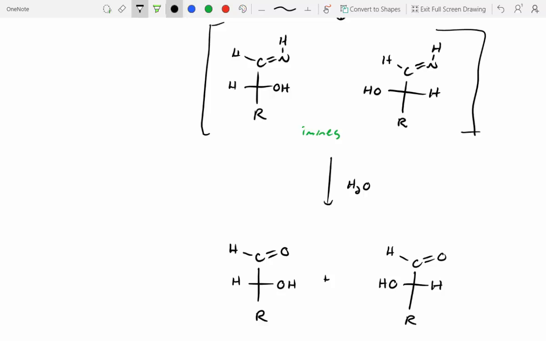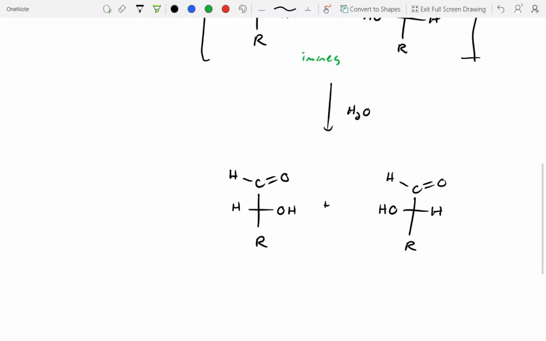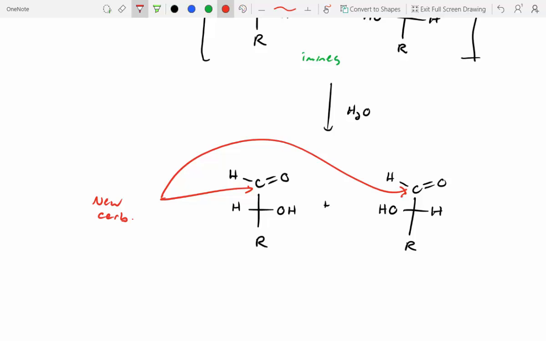And if you notice, in each of these cases, we've added in a new carbon. Which makes this a chain lengthening reaction. Theoretically, you could use this to produce longer carbohydrates.